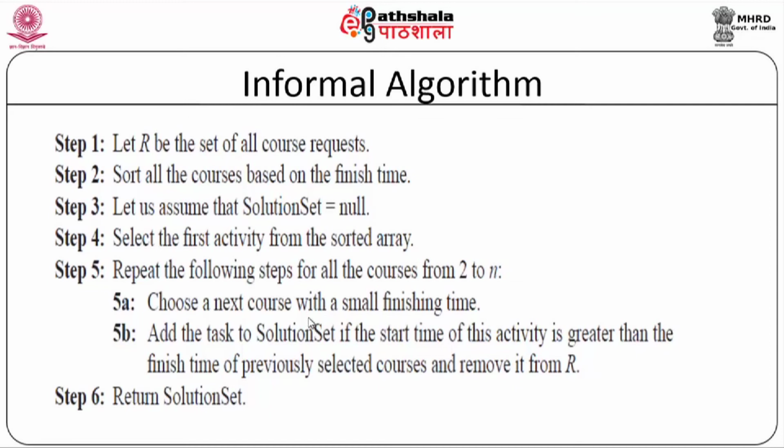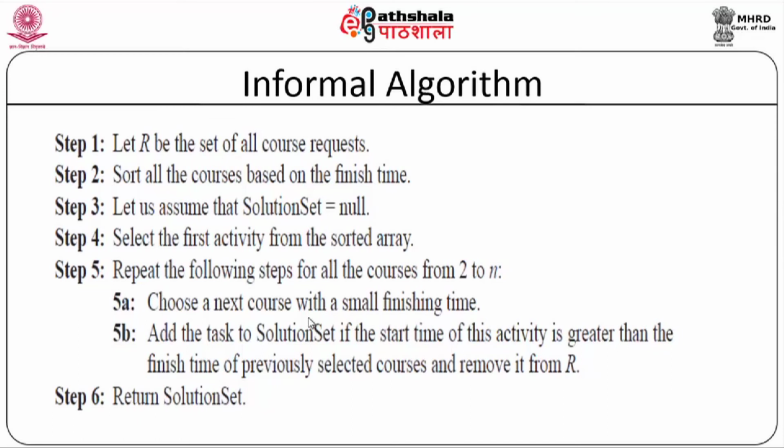In other words, these courses should be mutually exclusive in terms of the start and finish time, then only are these courses feasible. I can also give you another example. Suppose you consider reading as one activity, and television watching as another activity, these two activities cannot go together. So, either I have to finish TV watching, then I have to study. This is what this algorithm is all about.